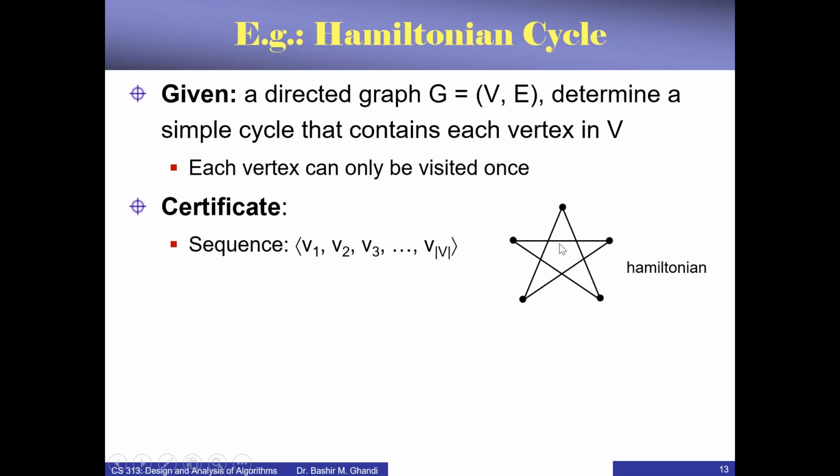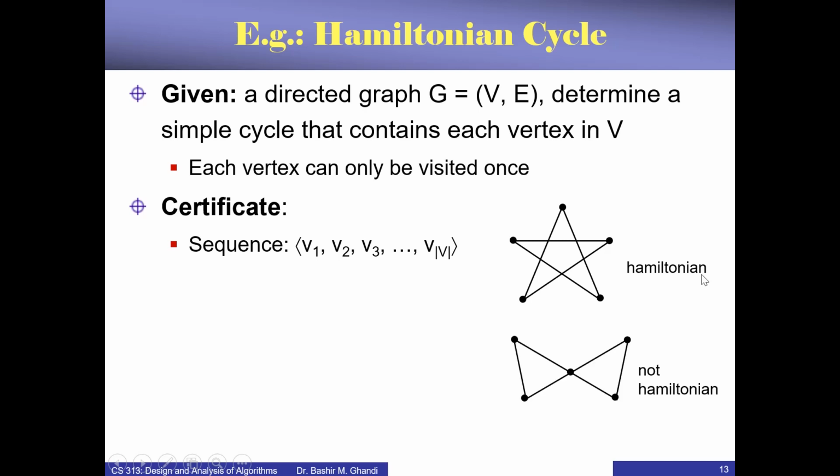Second, does it contain all the vertices? Yes, it does. So clearly this is Hamiltonian, and verifying that it is Hamiltonian is really linear. First, just check that the vertices in the solution correspond to all the vertices in the graph. Second, the edges connecting each consecutive vertex, including the last one with the first one, are they valid edges? If you can confirm these two, then we have a Hamiltonian cycle.